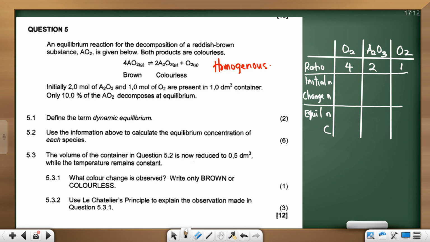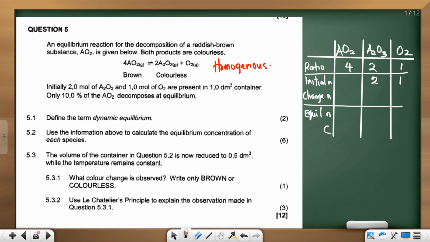Now, initially, 2 moles. So, initially, these 2 moles comes here. And 1 mole of oxygen. Oh, this is AO2. Initially, 2 moles of A2O3 and 1 mole of oxygen are present in 1 mole per dm cube. 1 mole.